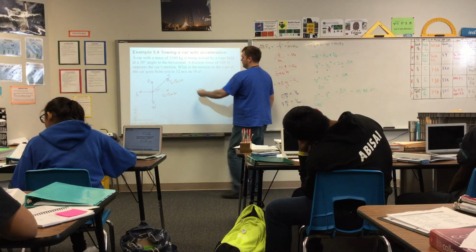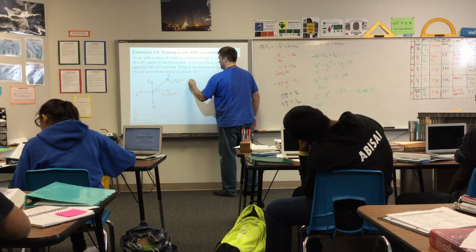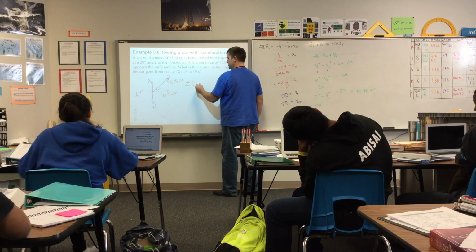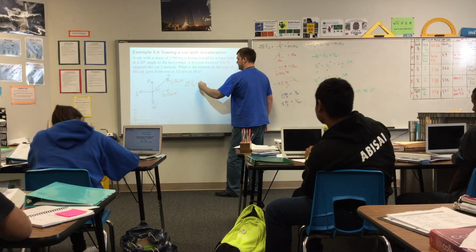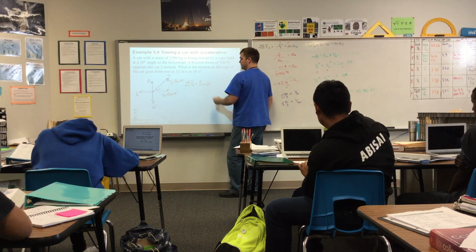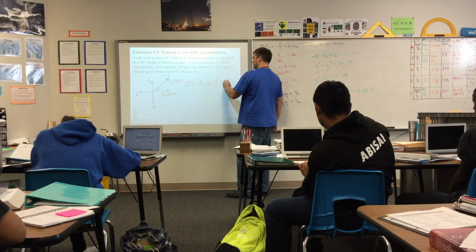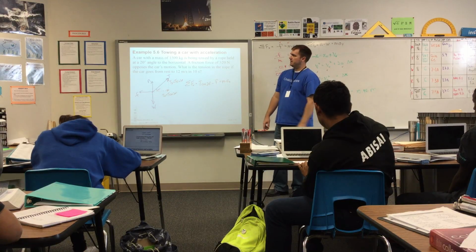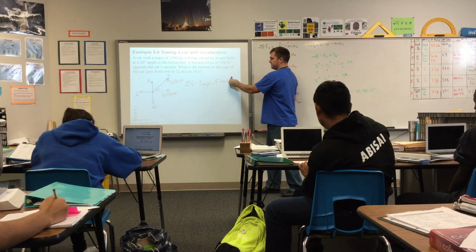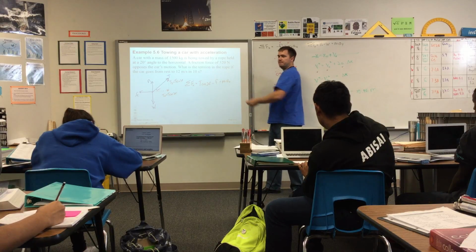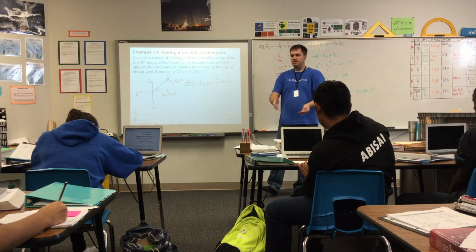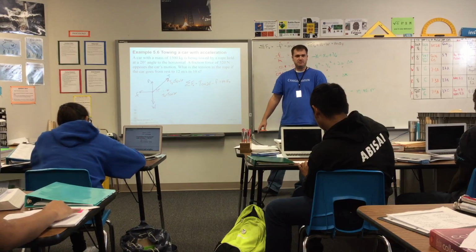Alright, so if we write the summation of forces in the x direction, so that's just T cosine 20 degrees, going to the right, minus F equals mass times acceleration. What we did last time was we said, well, acceleration in the x direction is 0 because it was going at a steady speed. That is not the case this time.